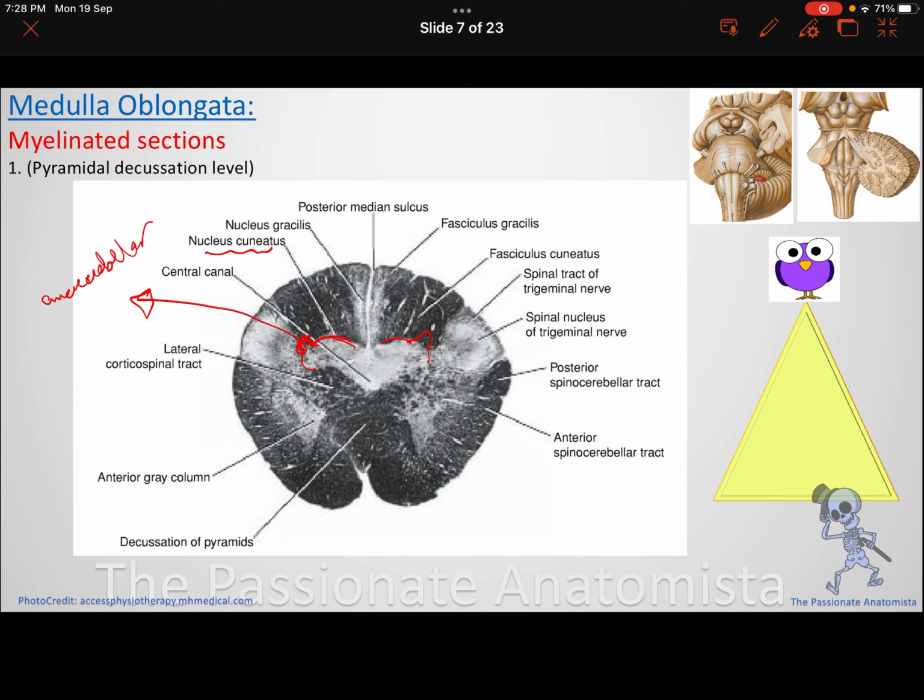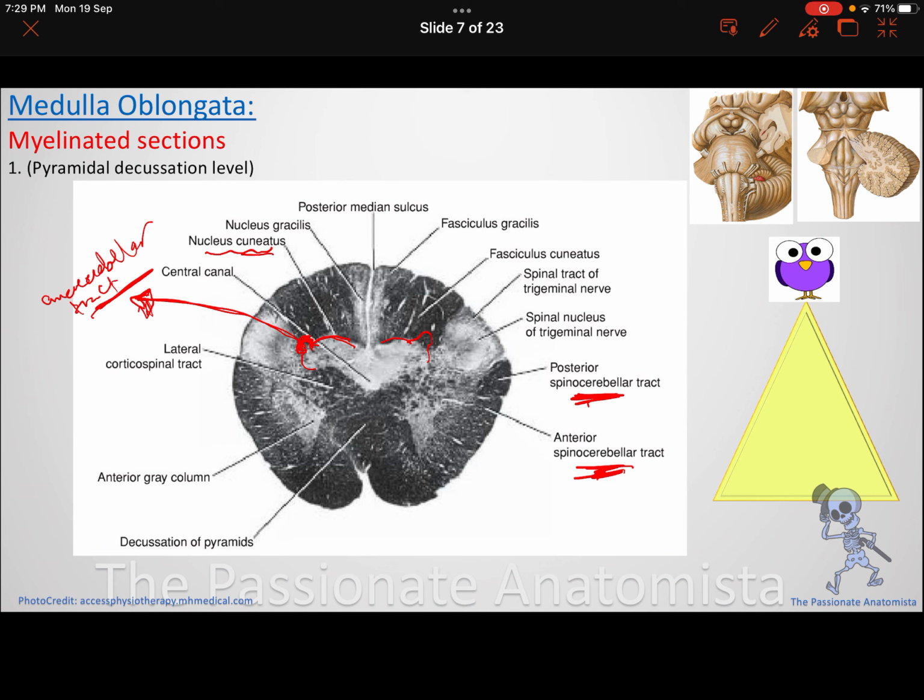cerebellar tracts. Because you guys know that we have the spinocerebellar tracts that are bringing unconscious proprioception from your body, okay? But here, for the upper limbs, we need the part of those guys, the gracile and cuneate fasciculi, we need a couple of this information to give me the unconscious proprioception to the cerebellum.